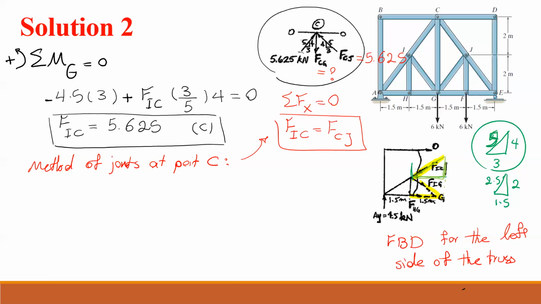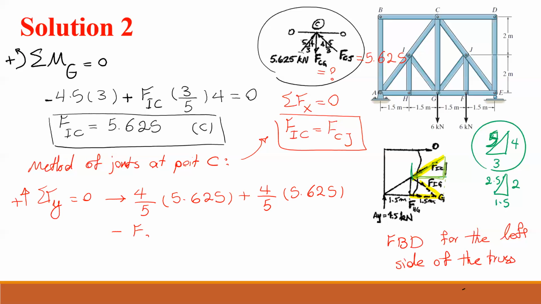And what else do I need? I need sum of Fy equals 0. From here, I can write 4 over 5, it's the slope, times 5.625, plus 4 over 5 times 5.625, minus FCG equals 0. Solving this equation, FCG equals 9, and it's in tension. The unit is kilonewton, and for this one it is also kilonewton.